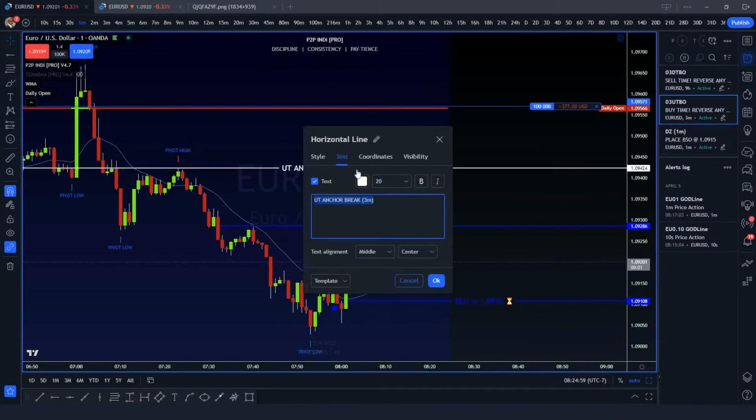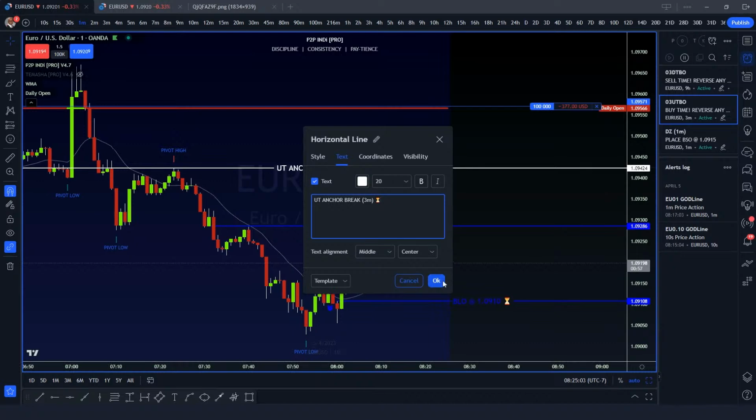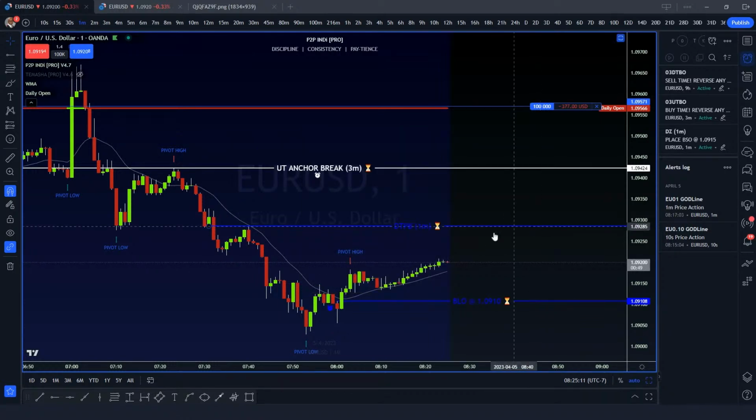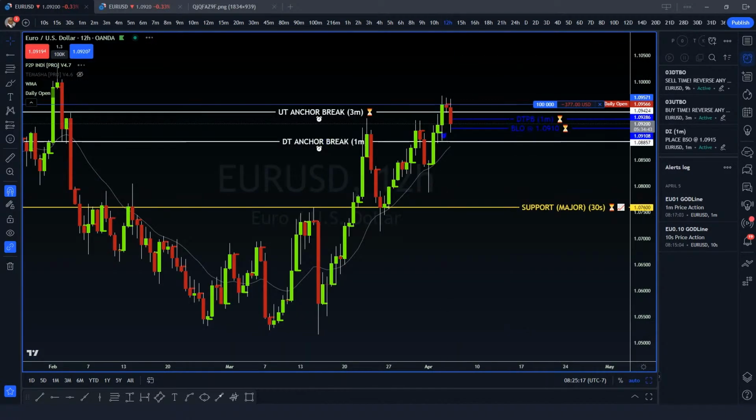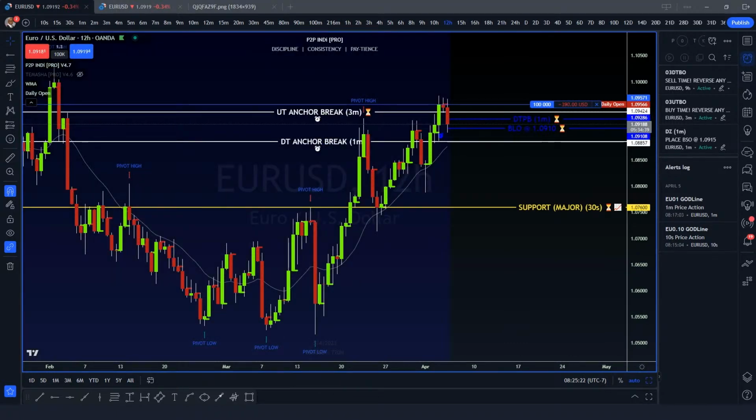We're also waiting for this anchor break here for the uptrend. We're also waiting for this downtrend pullback here. We're just kind of gauging price action, like how is it going to move as it's moving in our direction. So here's my direction as far as what I'm going to be trying to accomplish here.